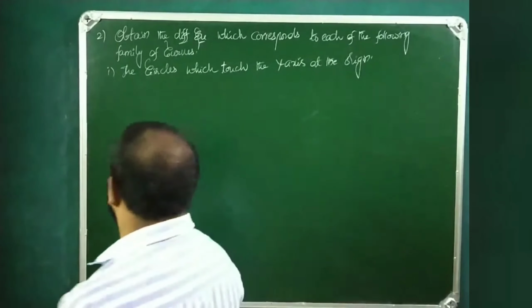Therefore this is 2a y double dash plus y dash into y dash square, so y dash cube equals to 0. Now 2a, what is y double dash? This is d square y by dx square plus what is y dash? dy by dx whole cube is equals to 0 is the required differential equation.